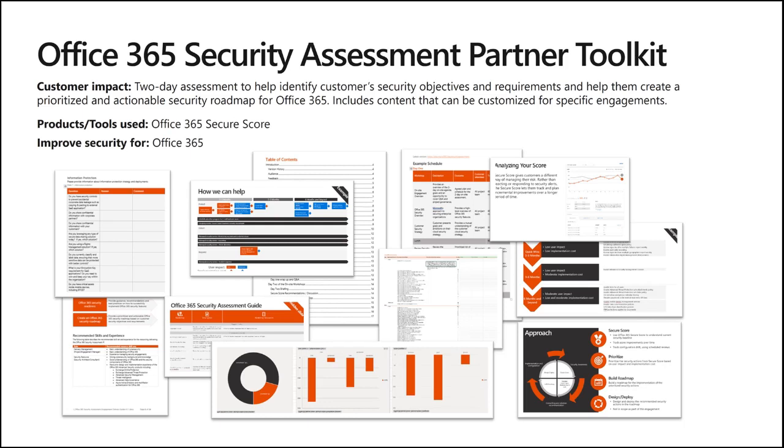A lot of customers either don't know, don't realize, or just don't turn on the security controls, workloads, and features in 365. They may not know about it, or they may think it's too hard to deploy.